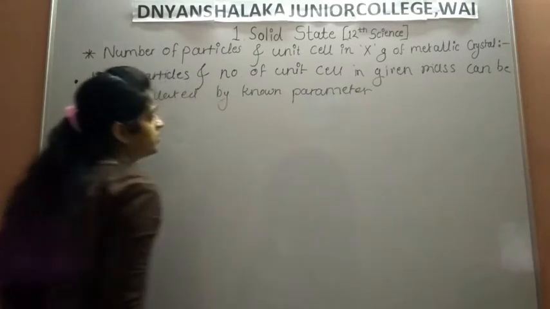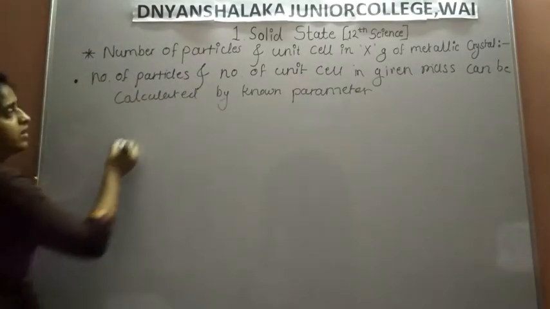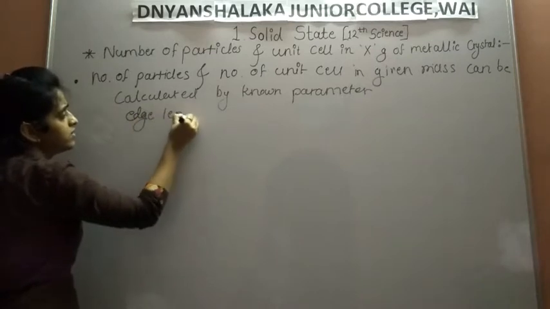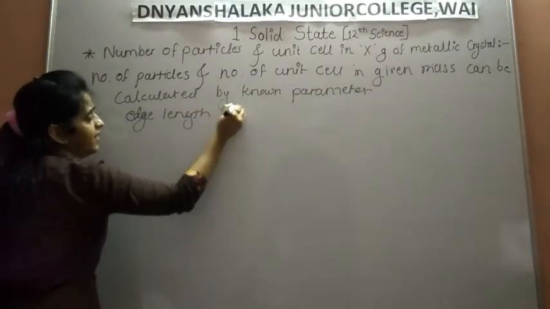So which are the known parameters? First, edge length, which we consider as symbol a.